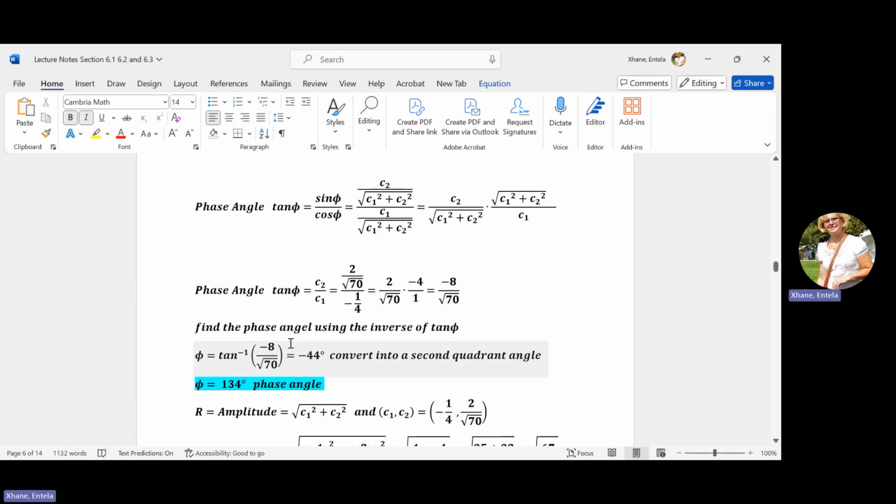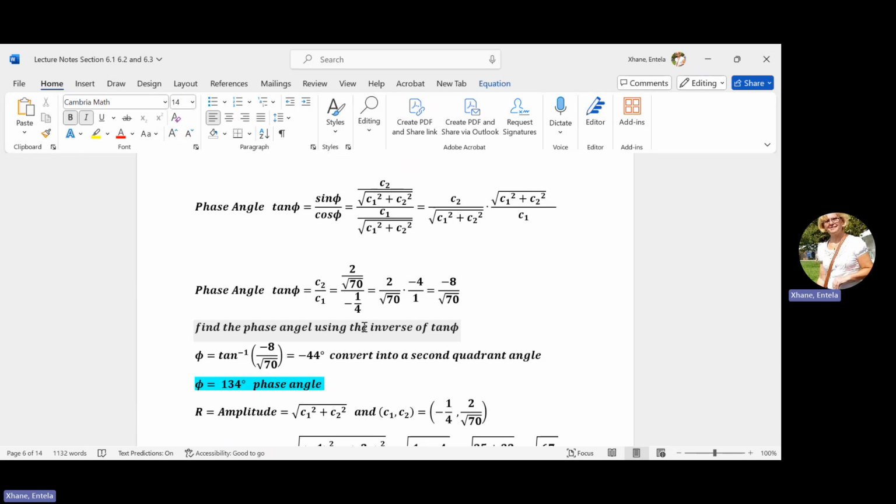But I want this angle to go to the second quadrant. So to move the angle into the second quadrant, first I'm going to move it into the first. So the -44, which is in the fourth quadrant, clockwise measured from the initial side, which is on the positive x-axis, I have to measure counterclockwise 44 degrees, starting off with the initial side on the positive x-axis, to go to angle 44 in the first quadrant.